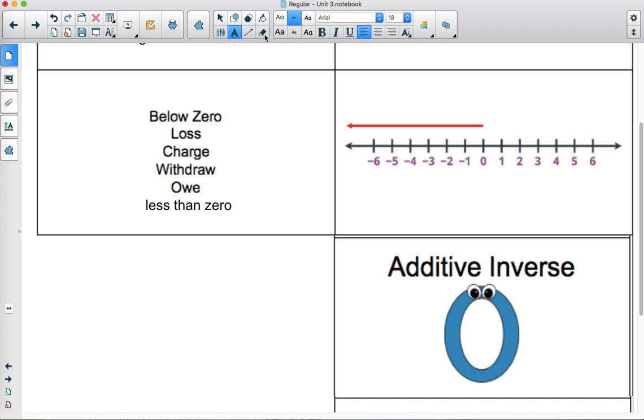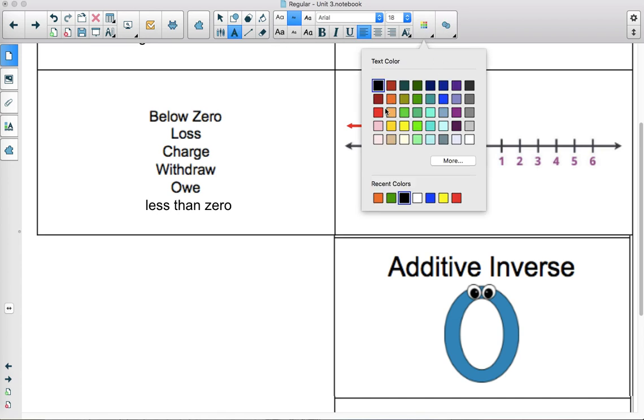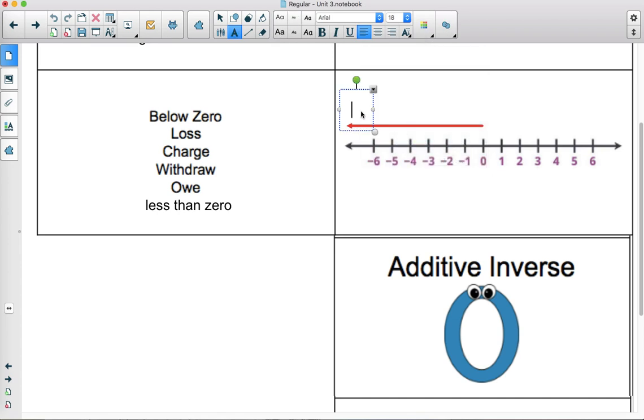So any number that's to the left of zero, that's going to be a negative number. Okay, so now we've identified your positive numbers and your negative numbers.